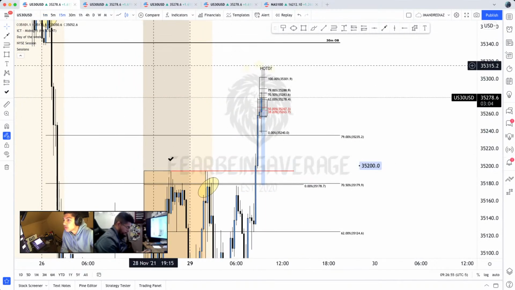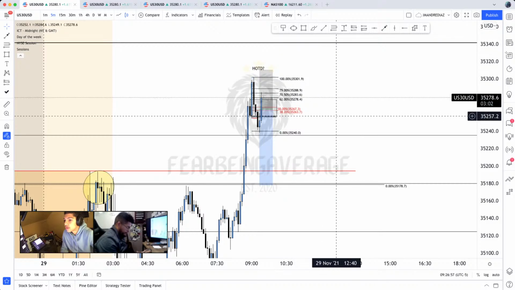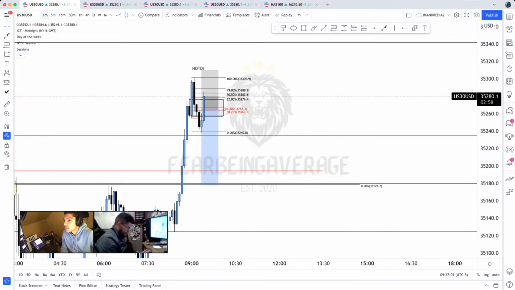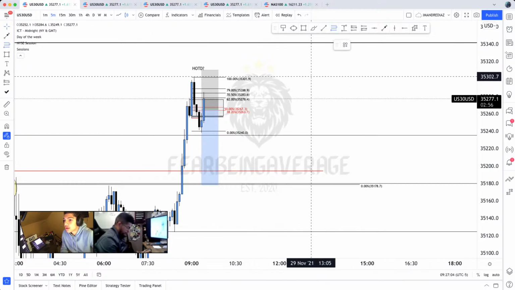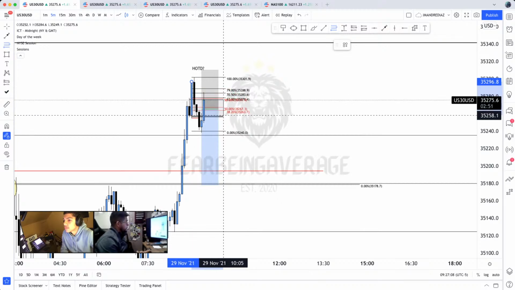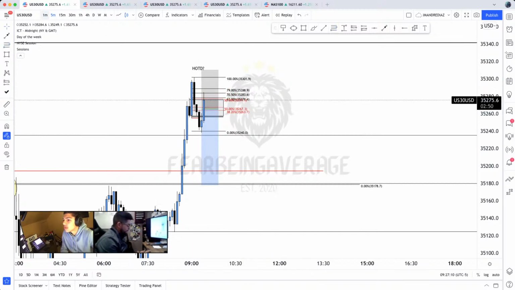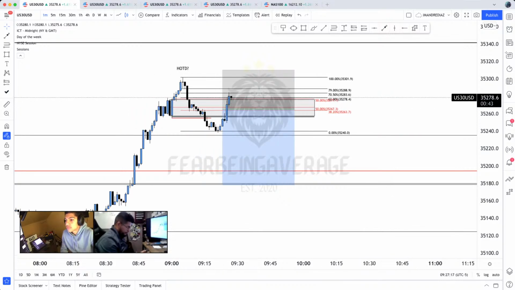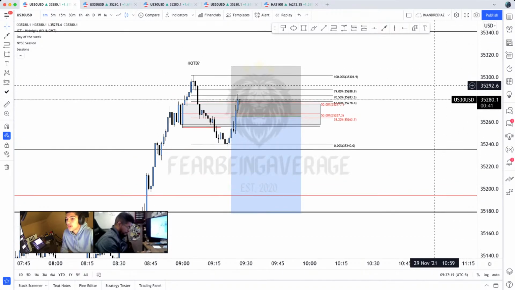Yeah, that's a good little trade idea right here, coming to 50% of the 5-minute order block. Right there. Let's see. Yeah, price is really bullish.